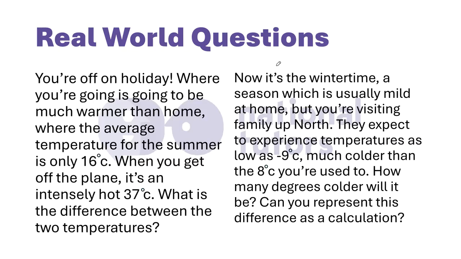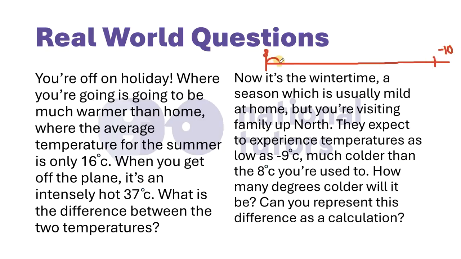Well, first of all, I think it's definitely time to employ the number line. We're starting with 8 degrees. And we're going down, I'm going to write -10, but we're only going to go to -9.